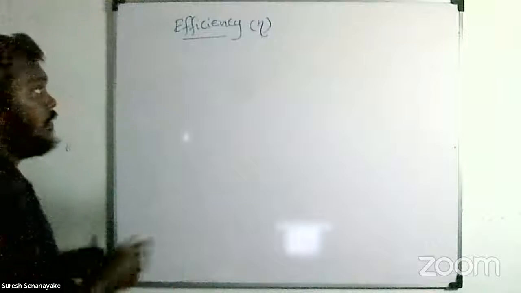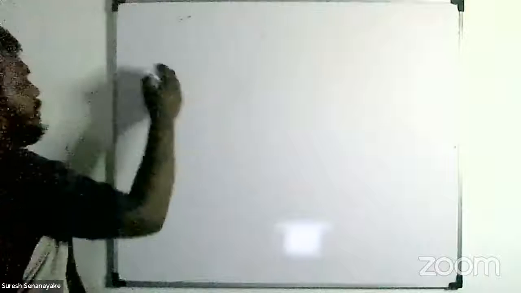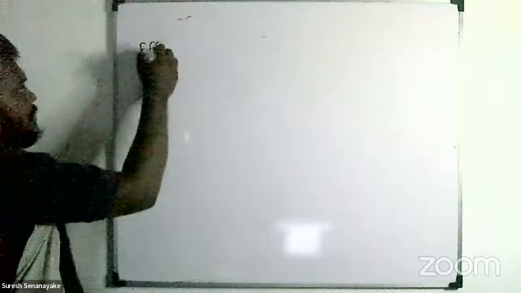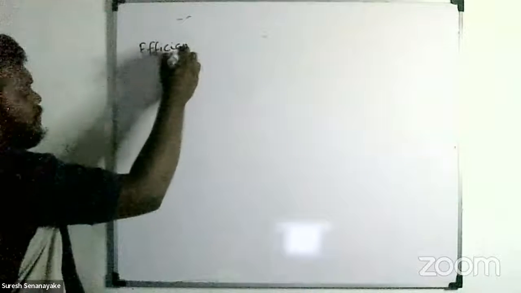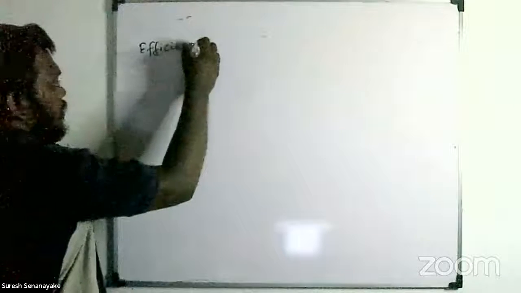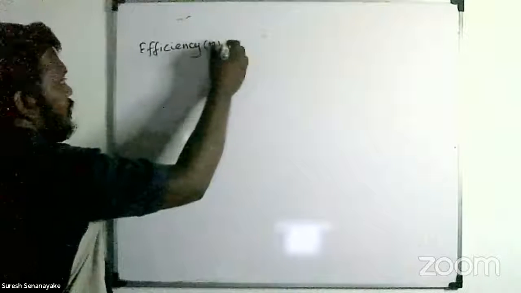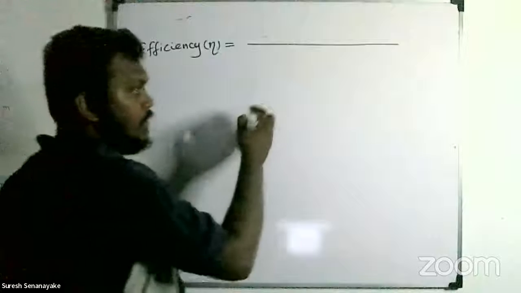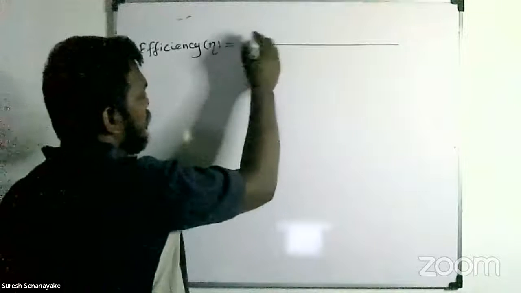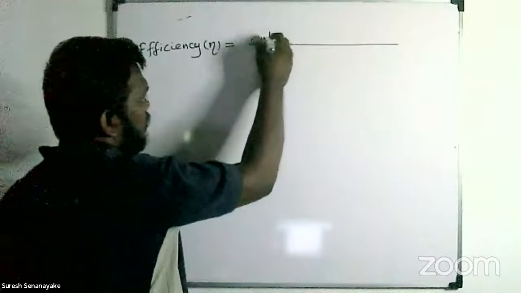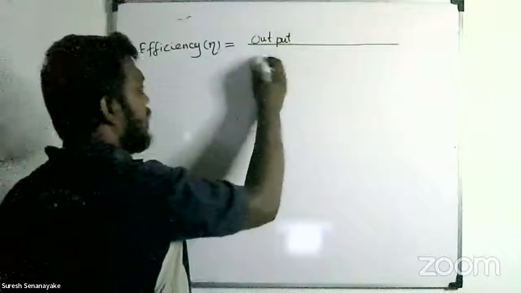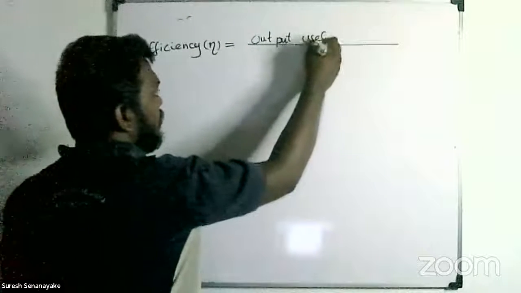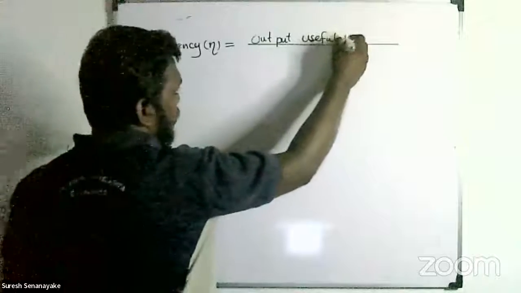You can write this as an equation. Efficiency, that is eta, is equal to the output useful energy, the useful work done.